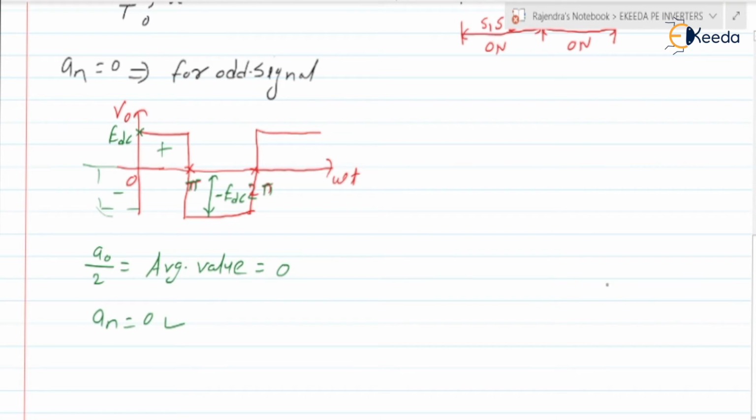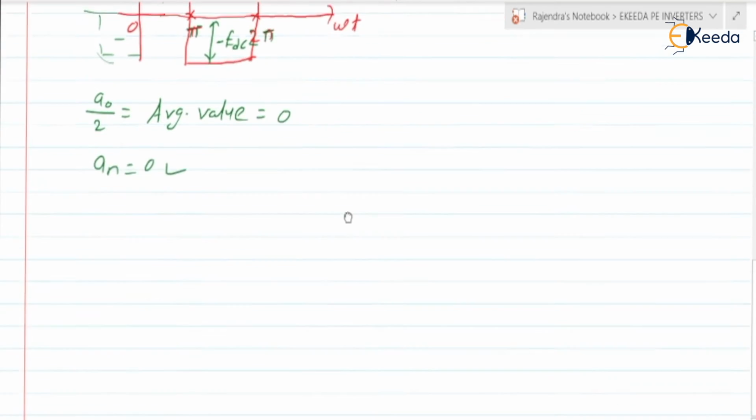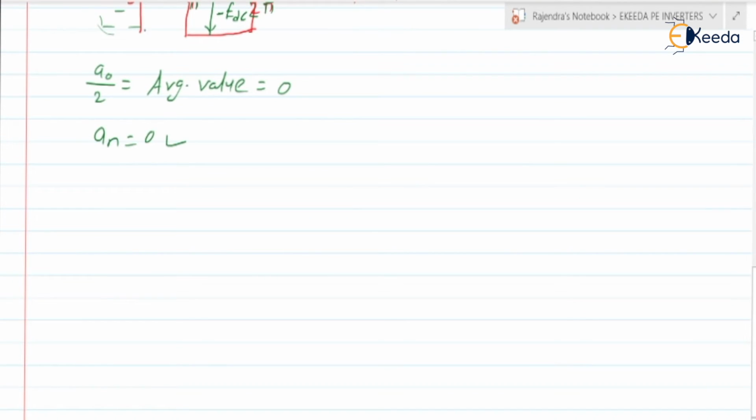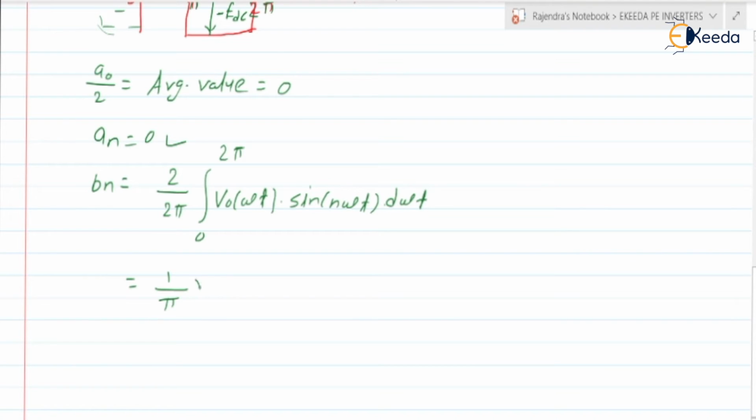Next, can we find bn? Yes, bn is equal to 2 by T; instead of T, now I am writing it in terms of angle, so 2 by 2 pi, integration from 0 to 2 pi of V0 of omega t into sin of n omega t d omega t. Further we can simplify it: bn is equal to 1 by pi times integration from 0 to pi.